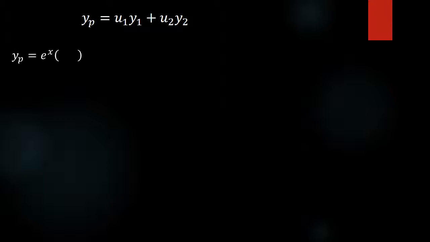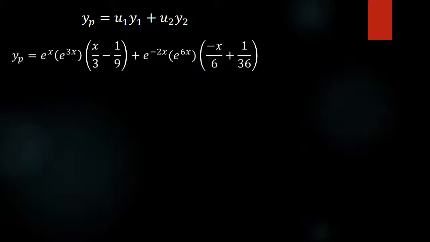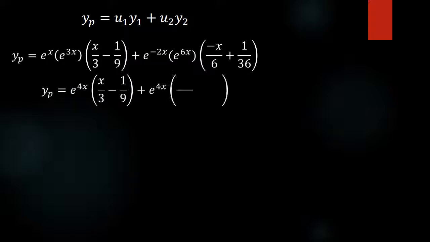We substitute each value of each variable, and we obtain yp equal to e to the 4x multiplied by x over 3 minus 1 over 9 plus e to the 4x multiplied by minus x over 6 plus 1 over 36, and we have common members.